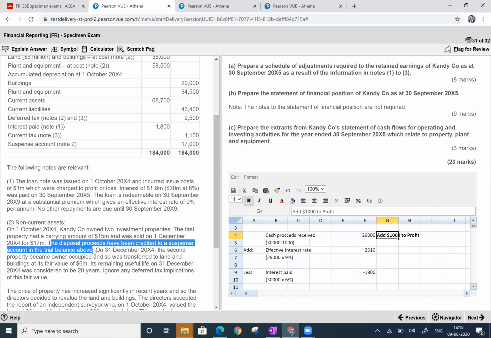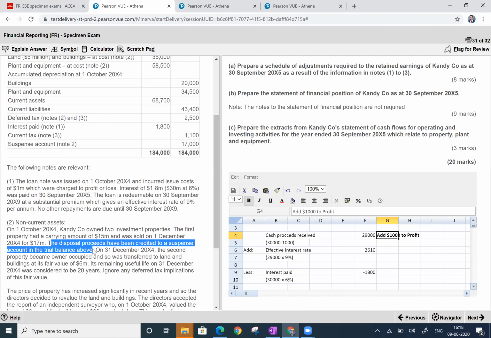We have done many questions in Accounting Standard 40, investment property, where it was an owner-occupied property. There was a change in use and it became an investment property. Here it is opposite. But at that time itself, I taught you the method of how you have to calculate, and I have written it on the whiteboard.